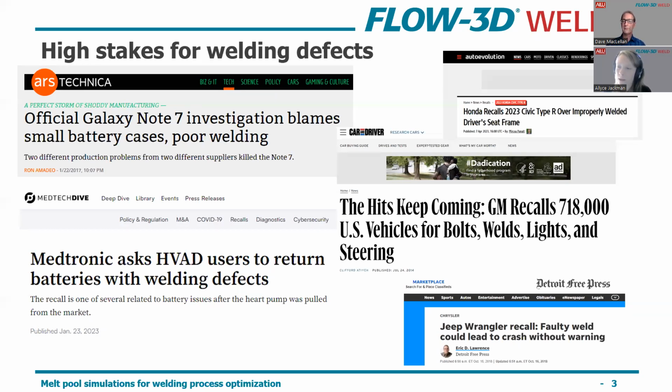So beyond just kind of the business standpoint, there's a lot of things that we need to consider with the Medtronic heart pumps. There's a welding defect in those just last year, and they were recalled. Of course, these are implanted into people's bodies. There was, I think, a few deaths. So there's very high consequence. We definitely want to look at how we can mitigate welding defects from the source before they get to the consumer.